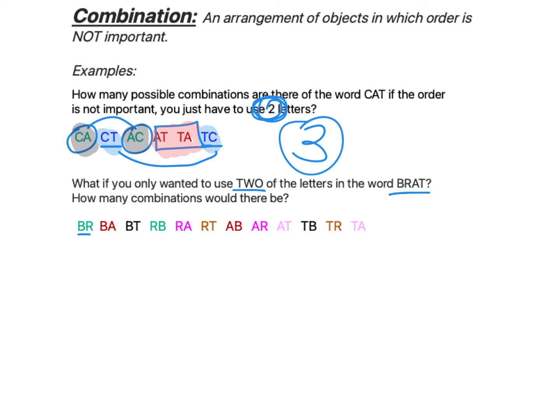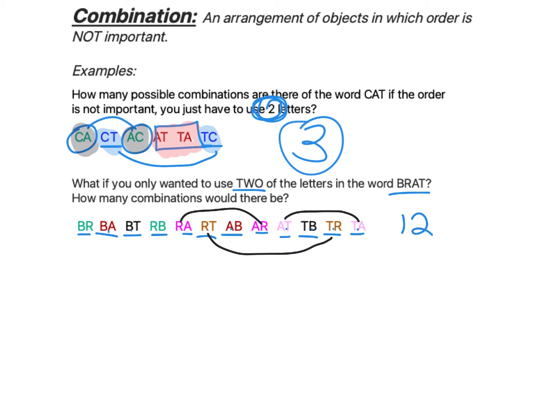I organized it by the first letter B. You'd have BR, BA, BT, RB, and then if the first letter was R, RA, RT, and if the first letter was A. So I have them all organized here, and there's a total of 1, 2, 3, 4, 5, 6, 7, 8, 9, 10, 11, 12. However, if you look at what I have color coordinated, AT and TA are the same thing, RT and TR are the same thing, RA and AR are the same thing.